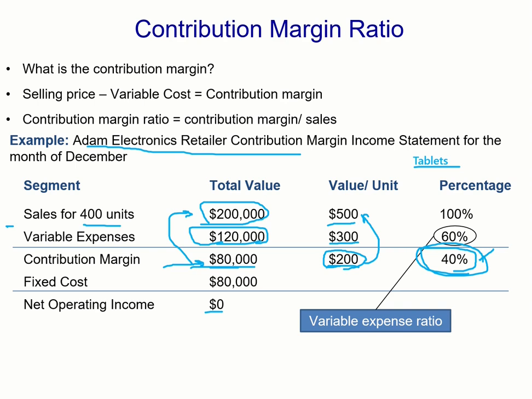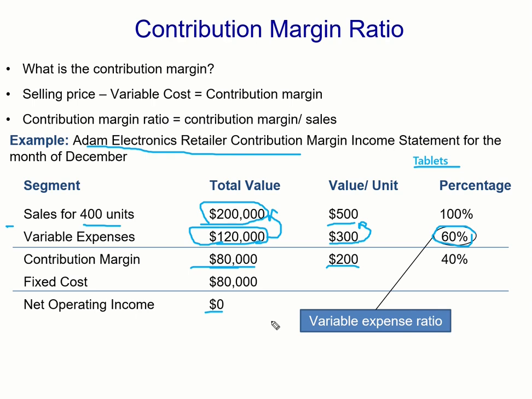Now, we could also compute what's called the variable expense ratio. The variable expense ratio is variable expenses per unit divided by sales per unit, or total variable expenses divided by total sales. Sometimes you might be given the individual price, sometimes the total.